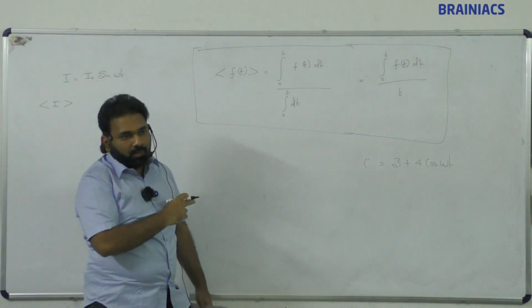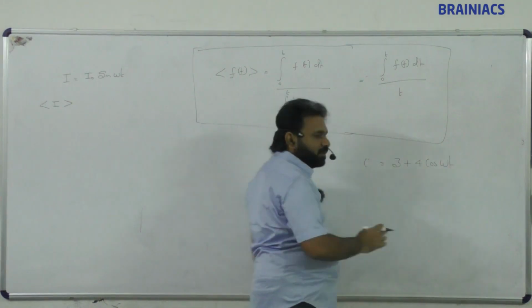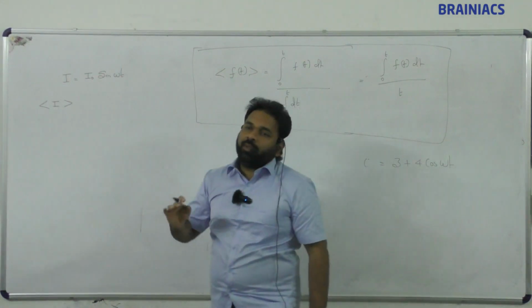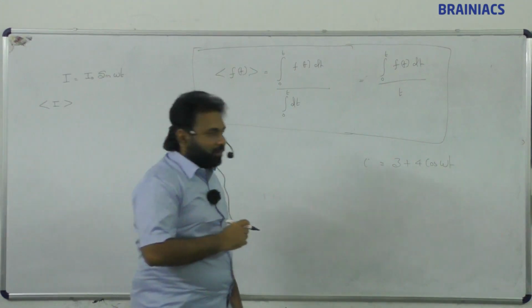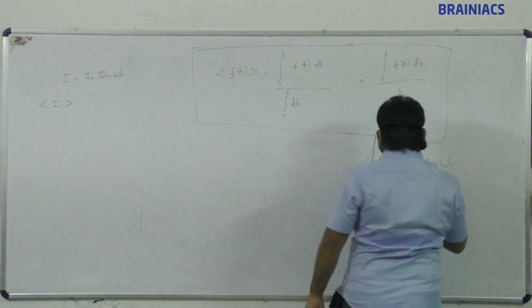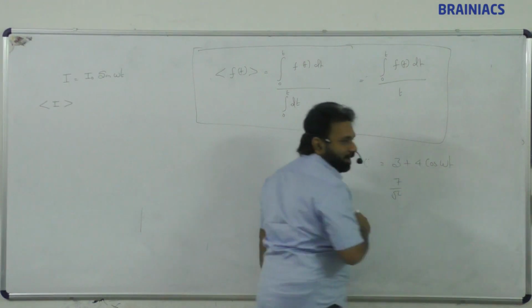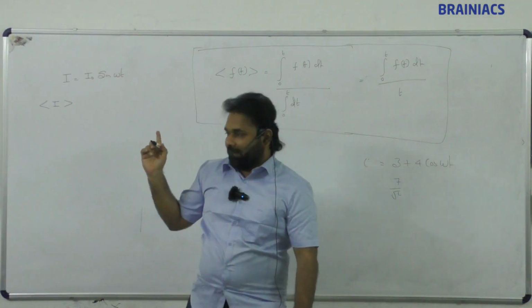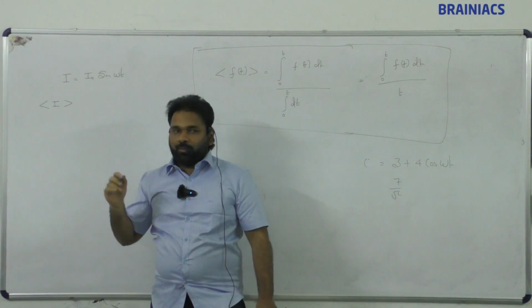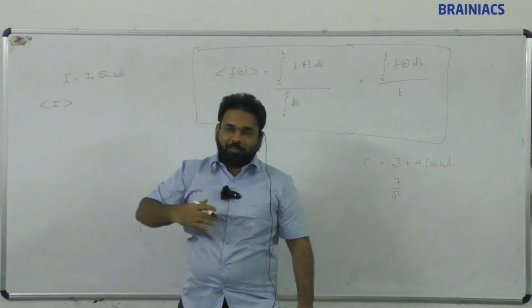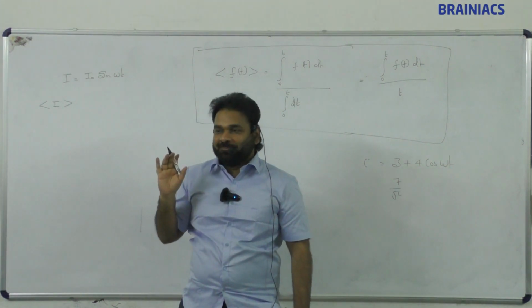Suppose RMS value means peak value divided by root 2. If you think like that, then take these two, 7 by root 2 and all, if you try to write, that option also will be there. If we do that, we will get only mental peace, there will be no marks.